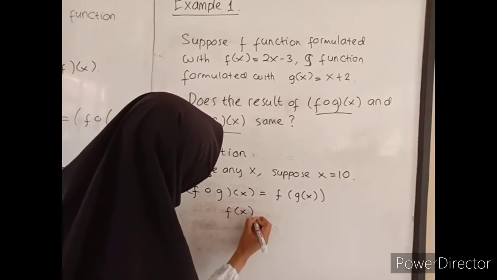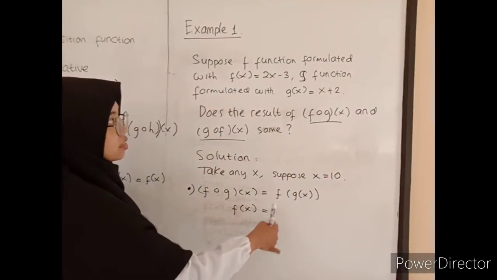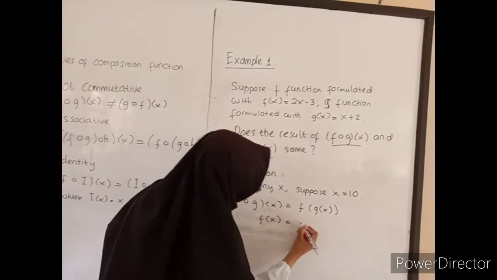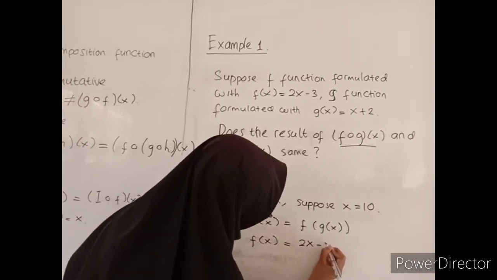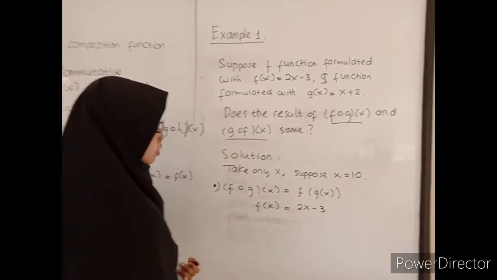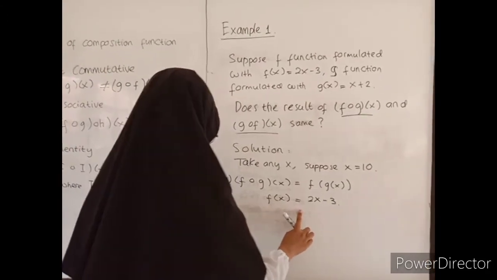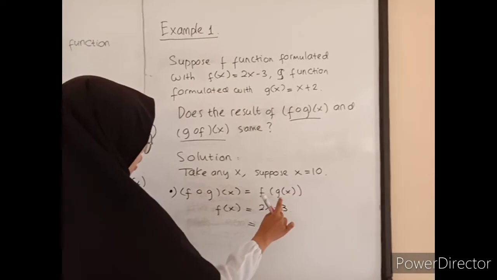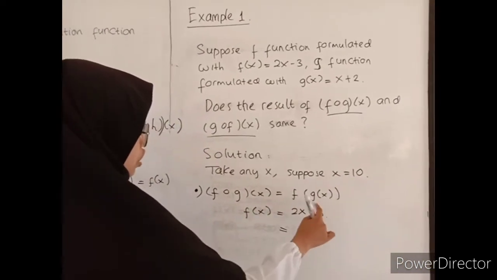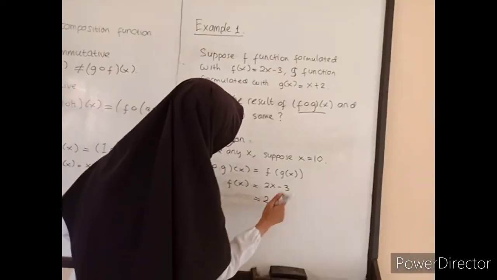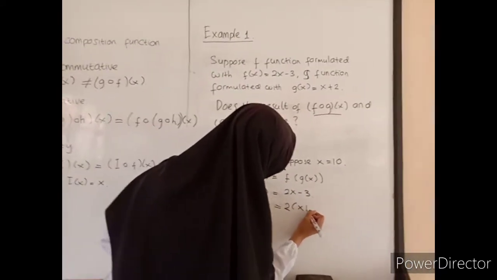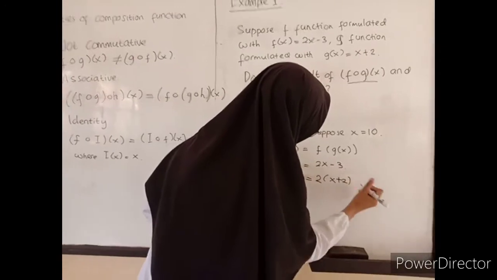For f(x) is 2x - 3, right? We substitute g(x) = x + 2, so we get 2(x + 2) - 3.